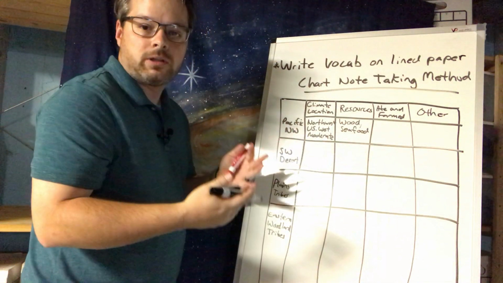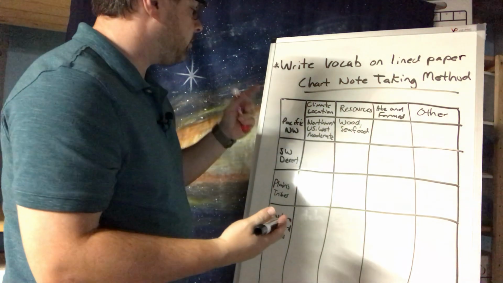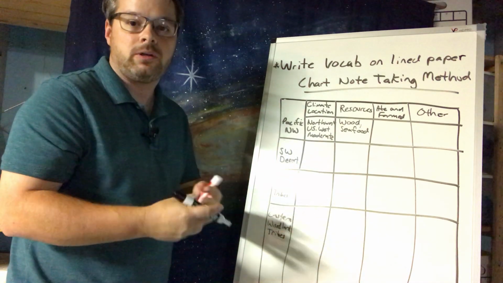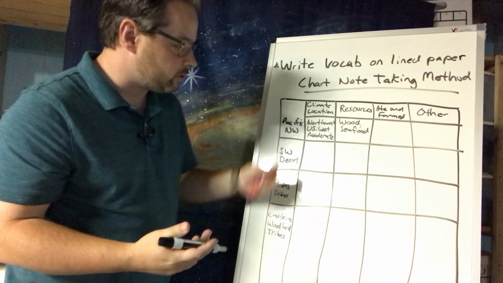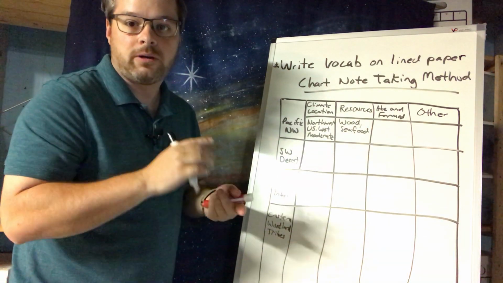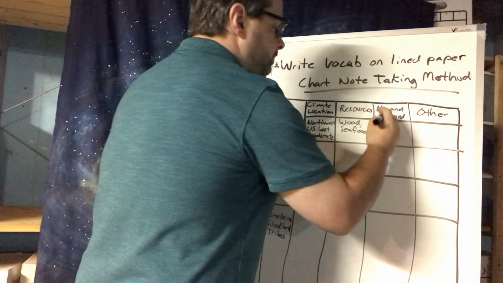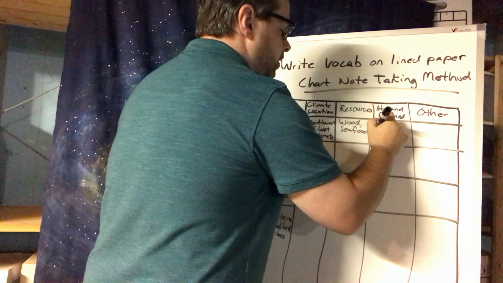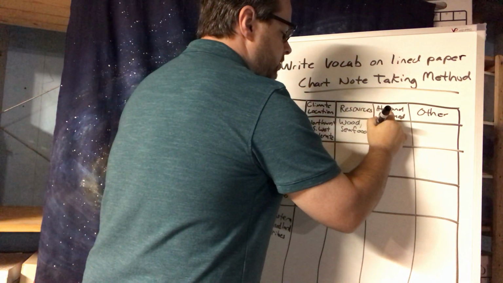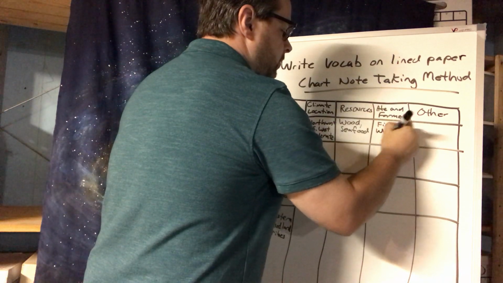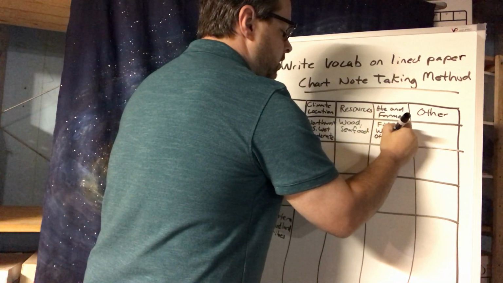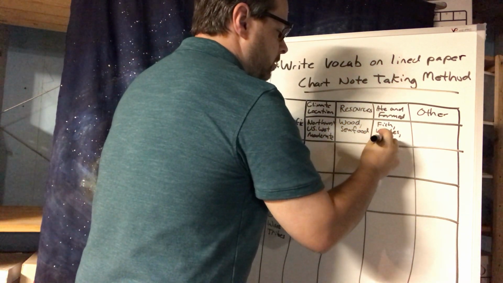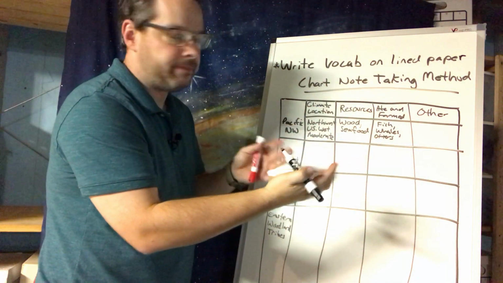Okay, so what did they eat and what did they farm? Well, the Pacific Northwest didn't really farm. The native cultures didn't really farm, so you don't have to put anything for there, but some of the other ones are going to have very specific things like corn and peas and things like that. But they ate fish, they ate whales, they ate otters, okay, those are some of the things that they ate, all right?